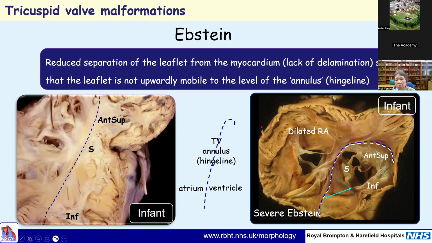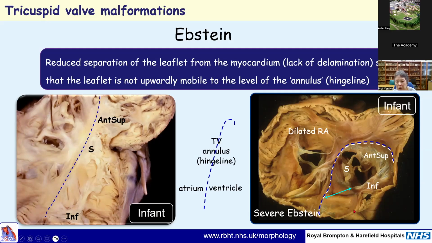If you make a four-chamber kind of view here, you will see that the septal leaflet, for example, would be much, much lower down compared to the level of the mitral valve or the level of the normal insertion of the tricuspid valve. In this case, if you look at the free wall of the right ventricle near the inferior leaflet, it's almost paper thin, isn't it?